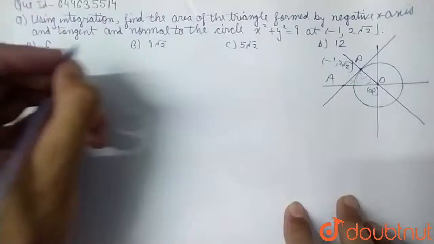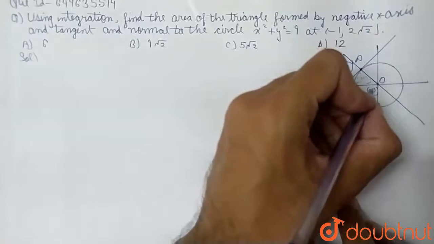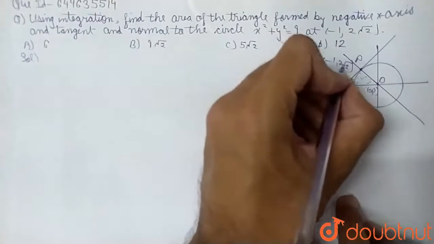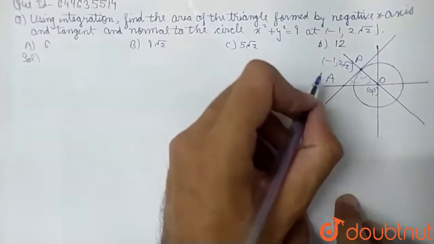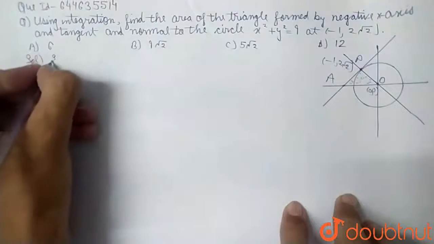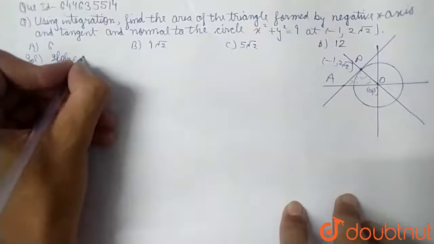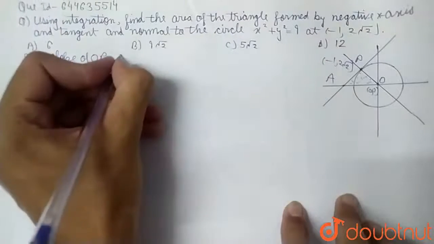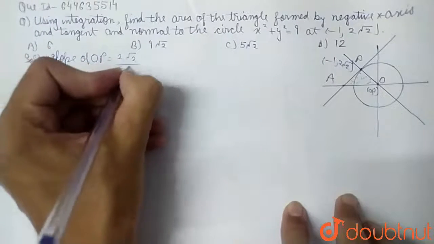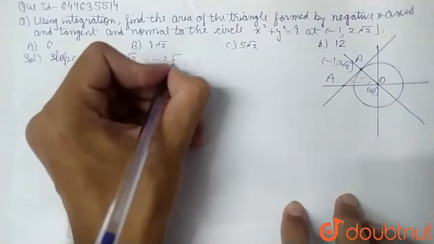We have the coordinates of O and P, and slope is y2 minus y1 divided by x2 minus x1. So the slope of OP is 2 root 2 divided by minus 1, which equals minus 2 root 2.